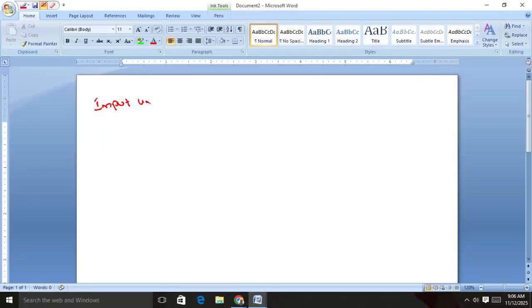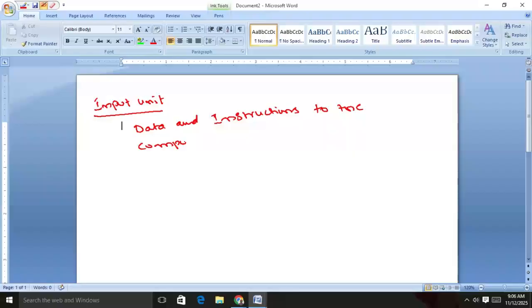The input unit is used to transfer the data and instructions to the computer for processing.